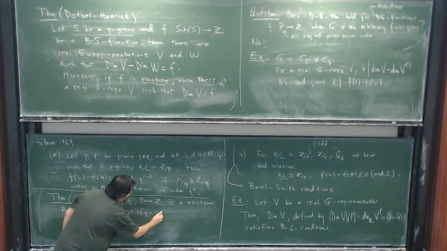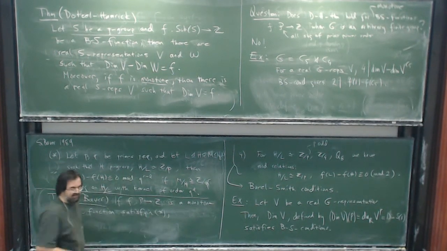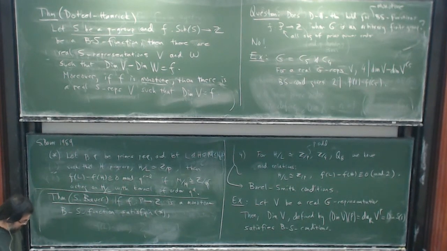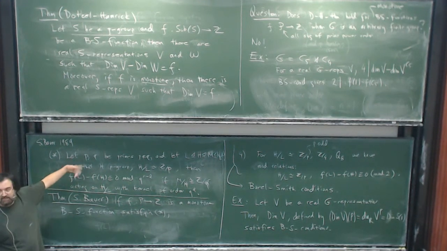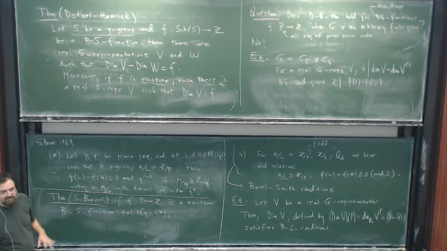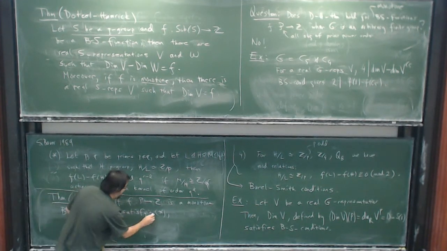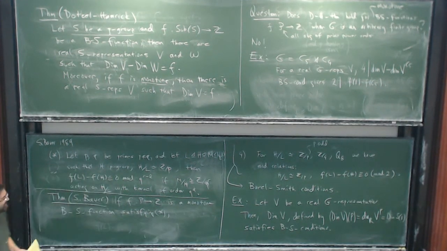Again, in this field there are 7 or 8 different definitions of Borel-Smith functions in different conditions. Some people put this star into the Borel-Smith set, but I think it's too much. Stefan Bauer actually adds it to the list and calls it a Borel-Smith function.